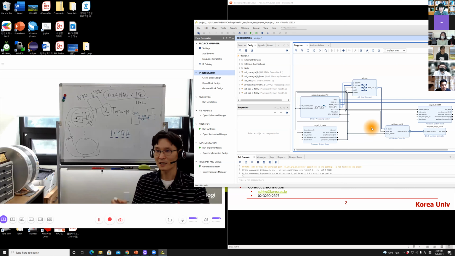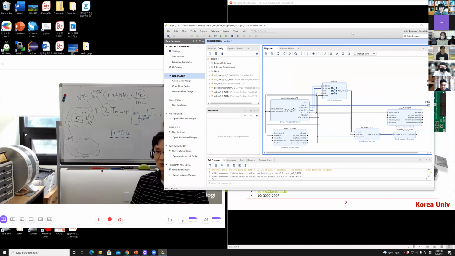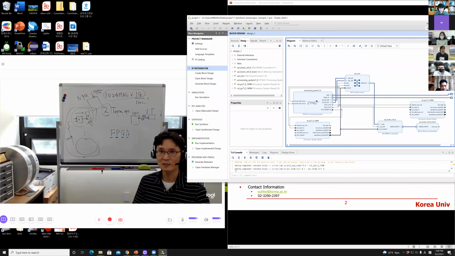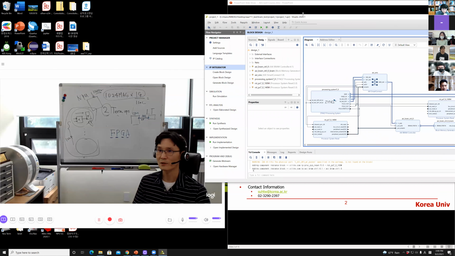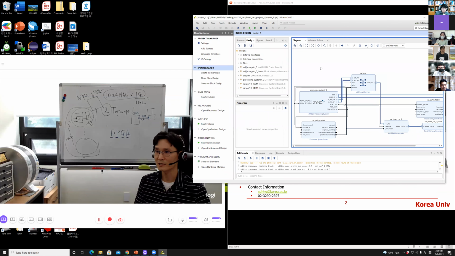It takes just 1 minute to design this hardware system, because everything is automated. But if something goes wrong, there's no clue if you are not experienced. That is the hard part. But I'll do my best to explain what's going on behind the scenes, under the hood, even though it is doing abstraction.